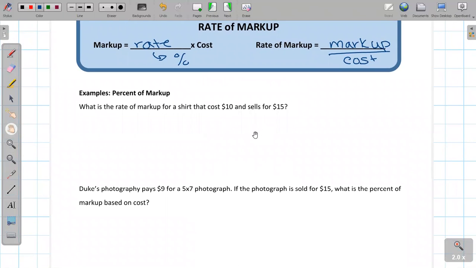What is the rate of markup for a shirt that costs $10 and is selling for $15? So we need to find the markup first. So we're going to take $15 and subtract $10 from it. So we have a $5 markup.